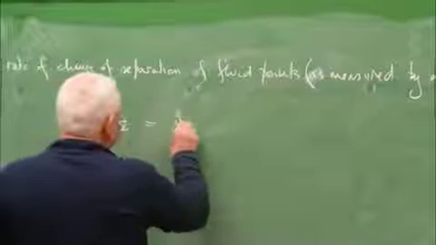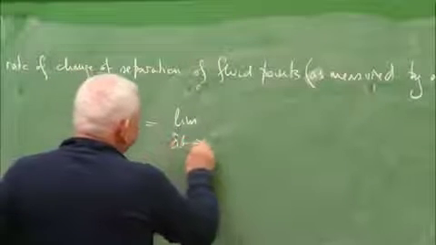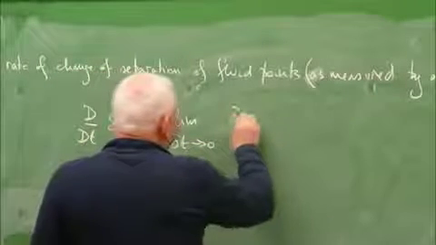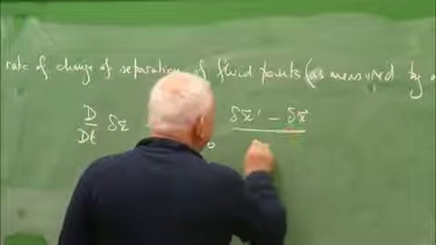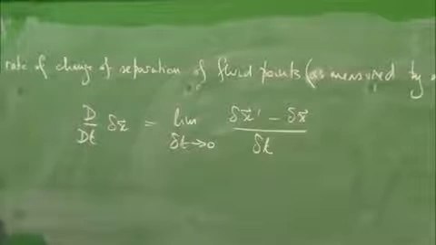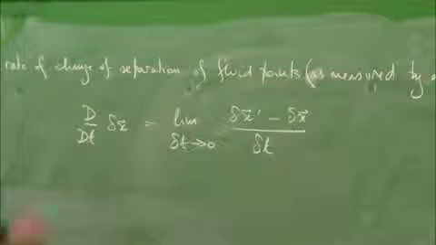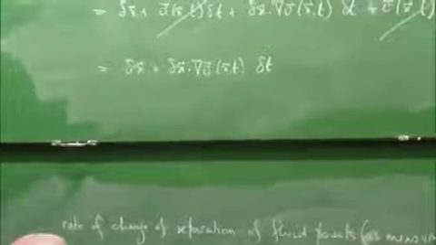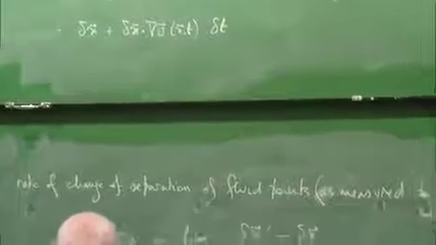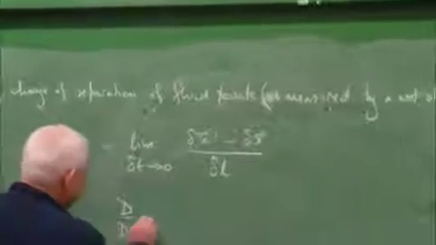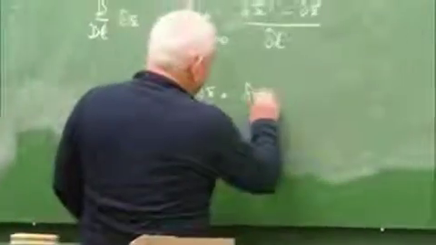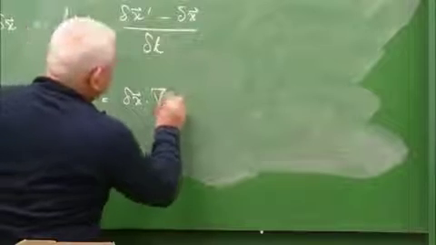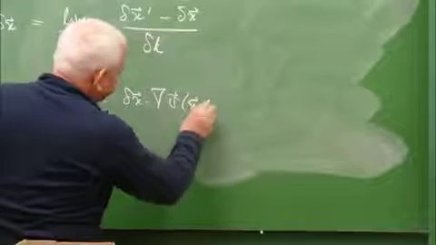This is the limit as delta t goes to 0 of the final separation, delta x dashed, minus the initial separation, delta x, divided by delta t. And there is my formula that relates delta x dashed to delta x, and you see that d by dt of delta x is going to be delta x dot lambda, evaluated on the fluid velocity, a function of x and t.